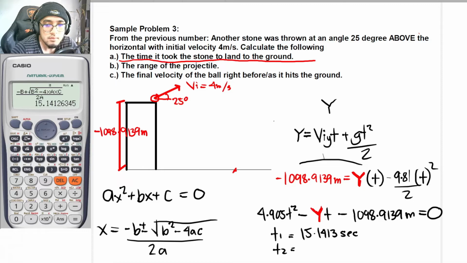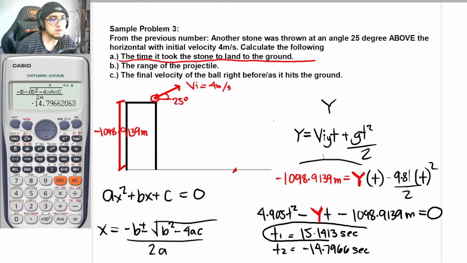And the other, if I change this into negative, is negative 14.7966. However, once again, we wouldn't be considering a negative value for time. So we would now be choosing the positive value, which is 15.1413 seconds.